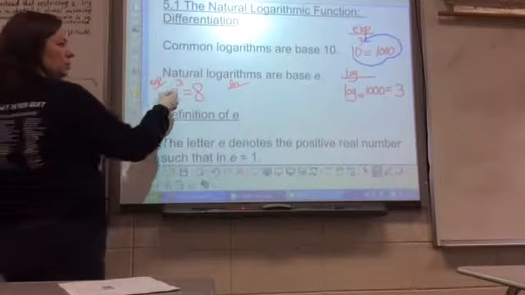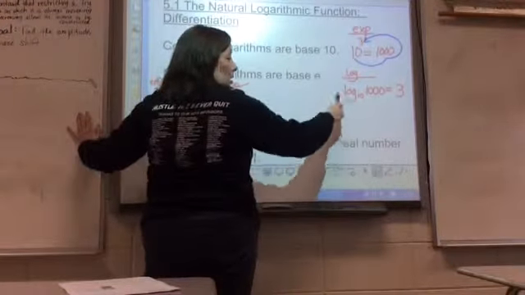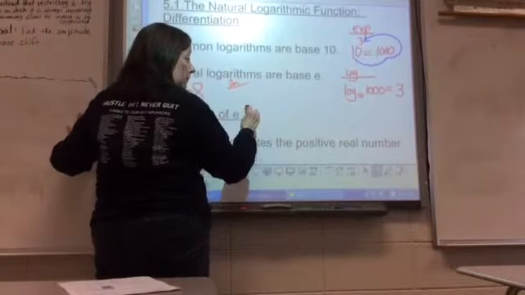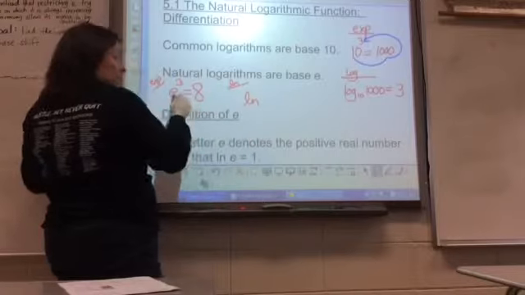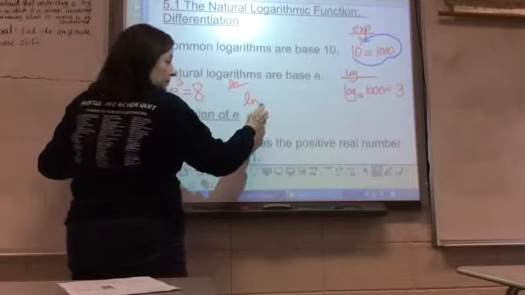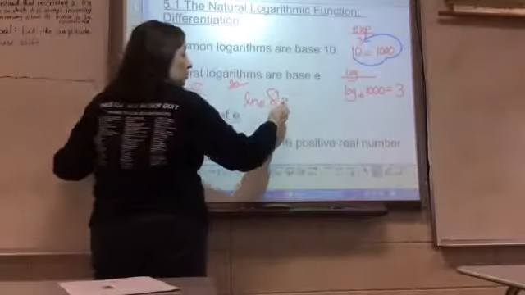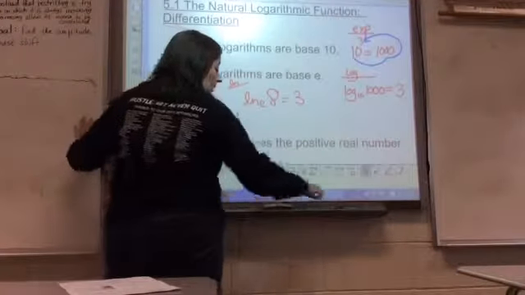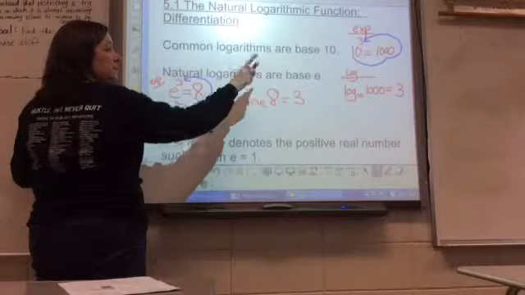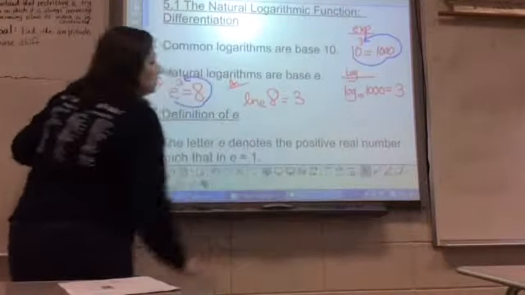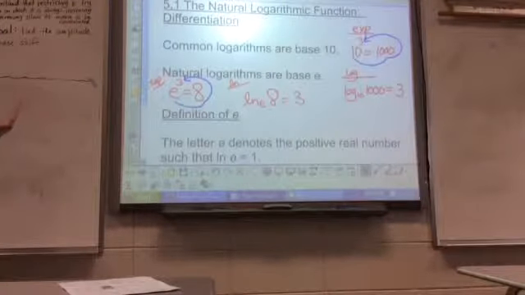You do the little circle when you rewrite it, except instead of saying log, you say ln for natural. So you would do ln of 8 equals 3. You make the same little loop, this to this to this. That's just notation.